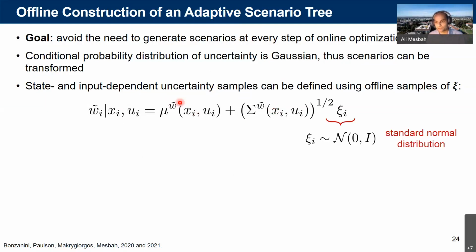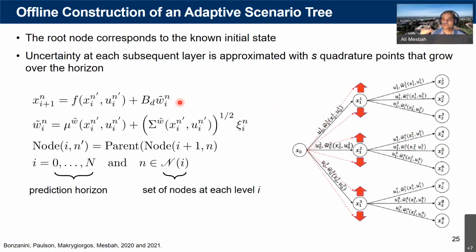This would in fact lead to an adaptive scenario tree. Your scenario tree is no longer fixed or rigid, such as when the scenario tree is built based on a worst case uncertainty description. Here, since your scenarios are state and input dependent, you get an adaptive scenario tree.